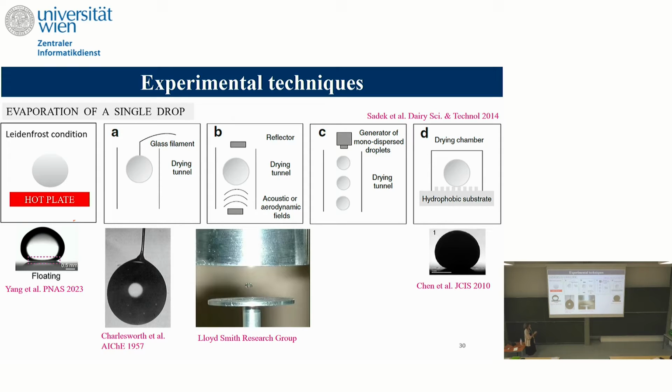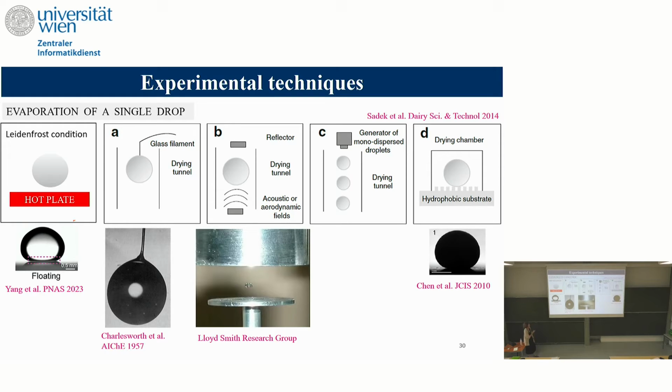materials. You also have experiments similar to what you have in industry when you do spray drying, where you generate drops and then have a very high temperature so that they shrink very rapidly. So they can make this also in lab experiments.